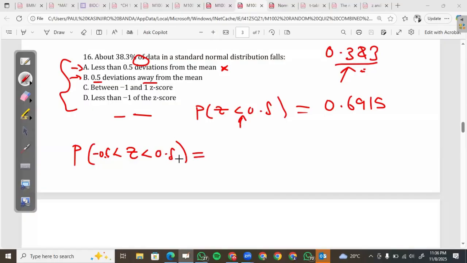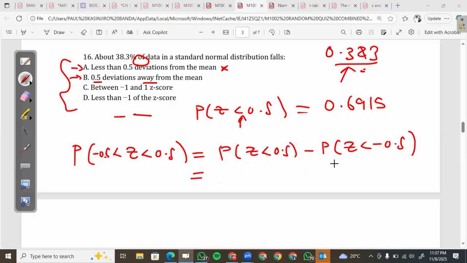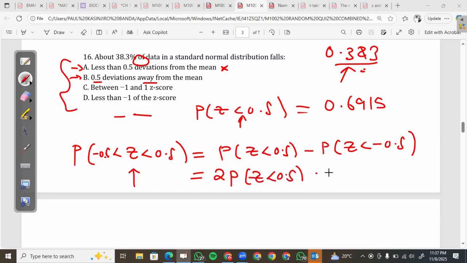We learned in the tutorial sheet that this is the same as P(Z less than 0.5) minus P(Z less than minus 0.5). If you watched those videos in the tutorial sheet, using the complement rule and the symmetric rule, whenever Z is between two numbers, one positive and one negative, you always end up with 2 times the probability of Z being less than the positive number, minus 1.